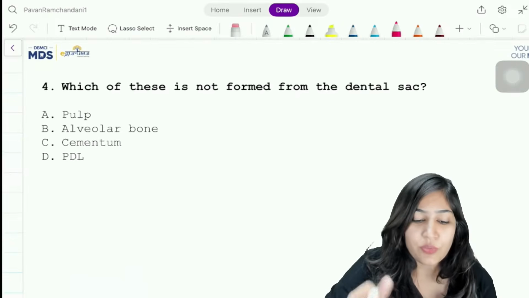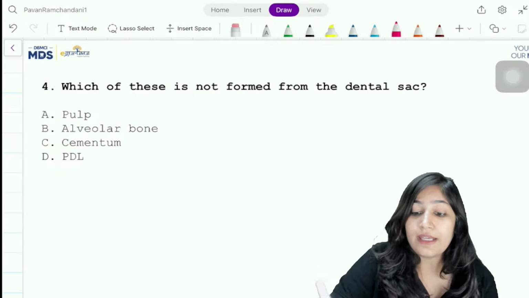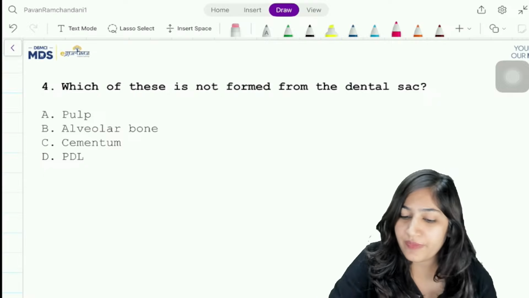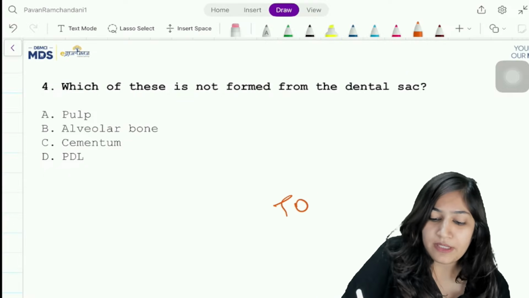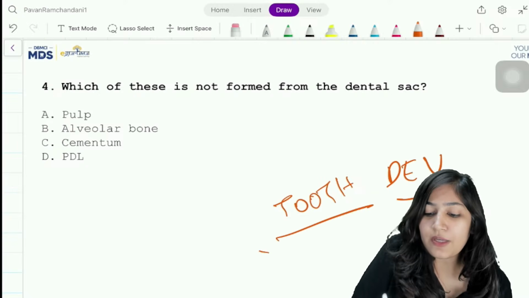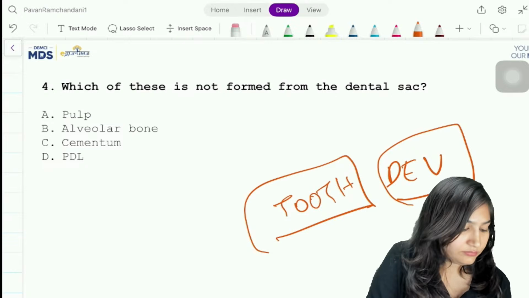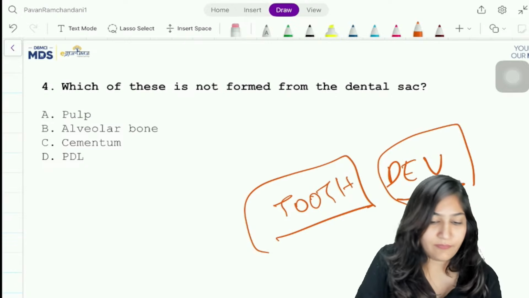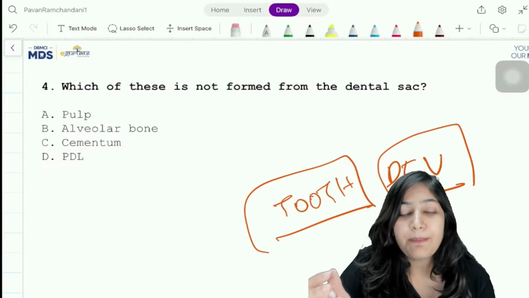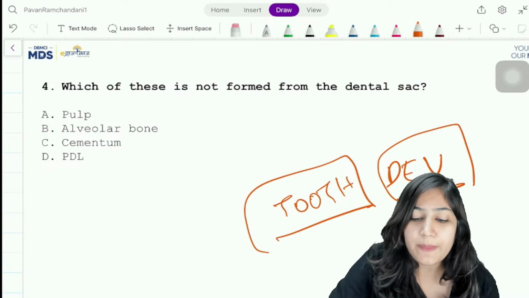Coming to our next question. Which of these is not formed from dental sac? Again, an important question from tooth development. Tooth development is again an important topic. You definitely get one question in any exam from tooth development. Okay. So is it pulp, is it alveolar bone, is it cementum, or is it PDL? What will be the correct answer here?